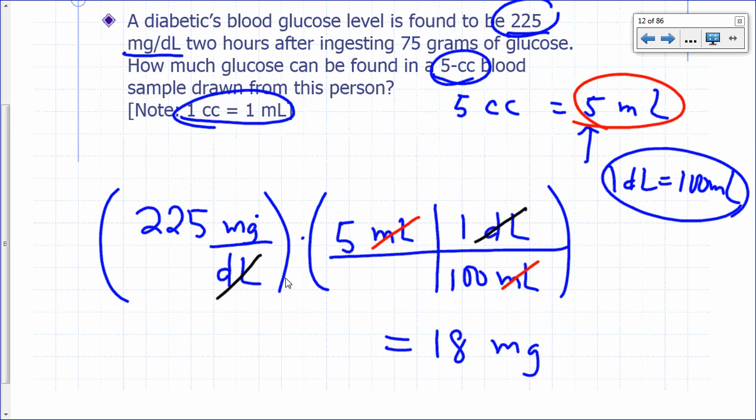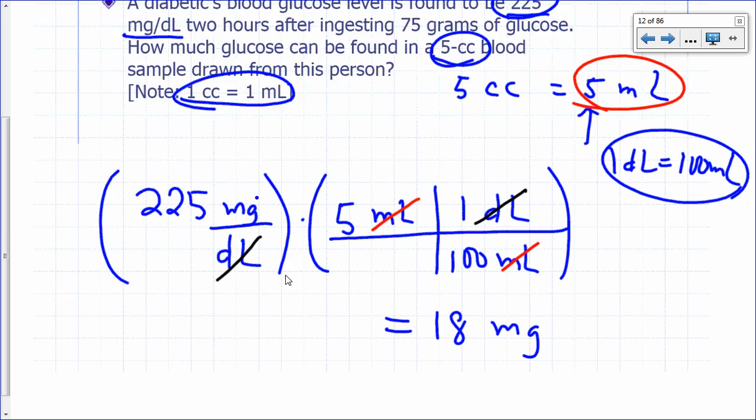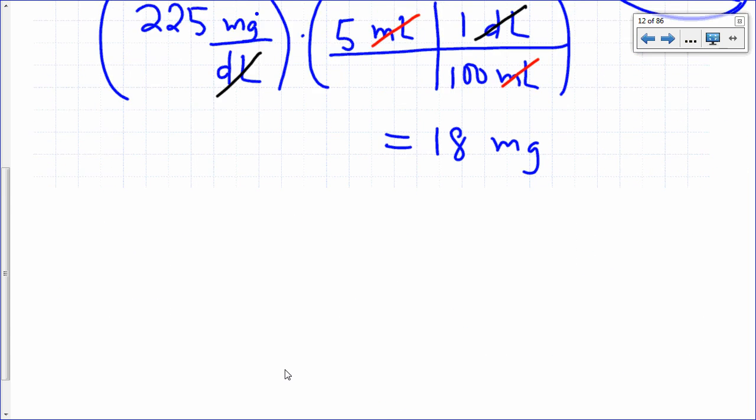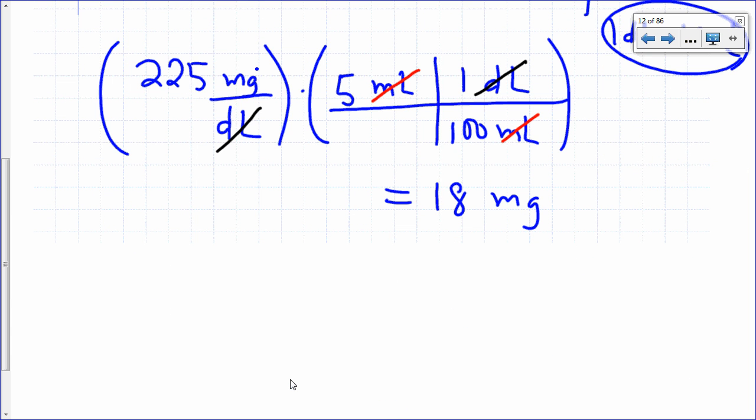That would be the amount of glucose in a 5 cc sample. Here's another way you can do it. You can say this is 225 milligrams per deciliter. And a deciliter is 10 to the negative 1 liter, right? A deci means 10 to the negative 1.